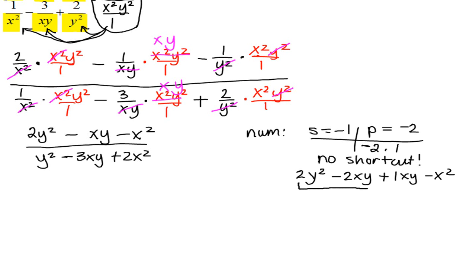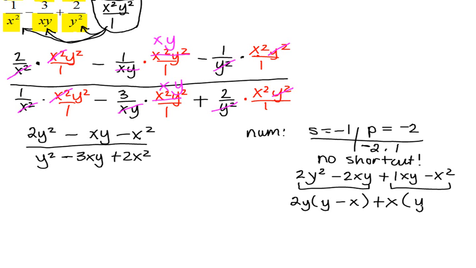Now I'm looking to do factor by grouping. First group, I can pull out a 2y, and I have left y minus x. Good. And then the second pair, I want to pull out, it looks like there's just an x, and a positive x will work just fine.